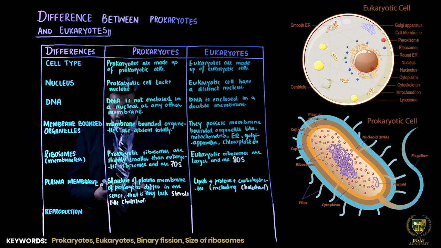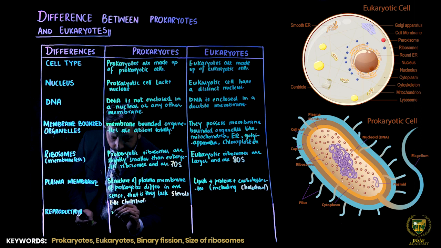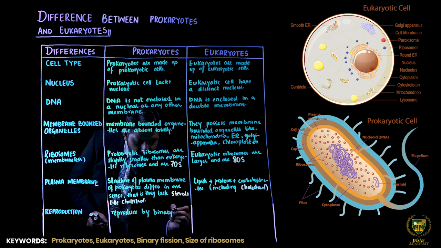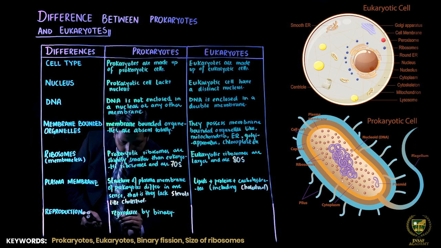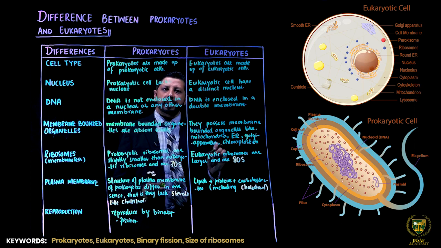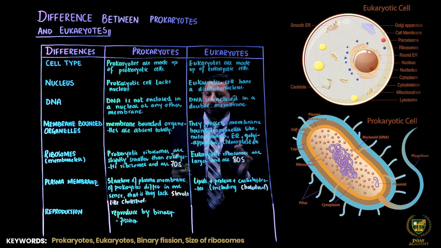The prokaryotes reproduce by binary fission. They reproduce by binary fission, in which a single bacterial parent cell is divided into two.